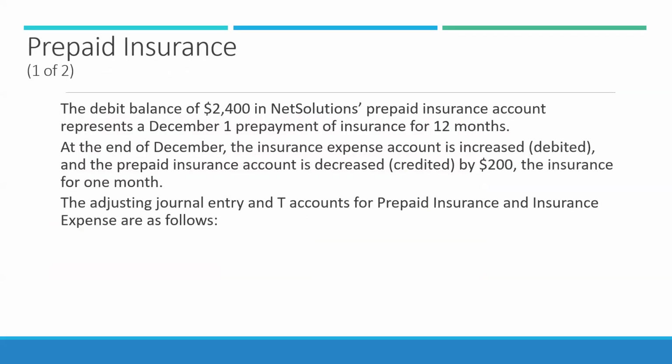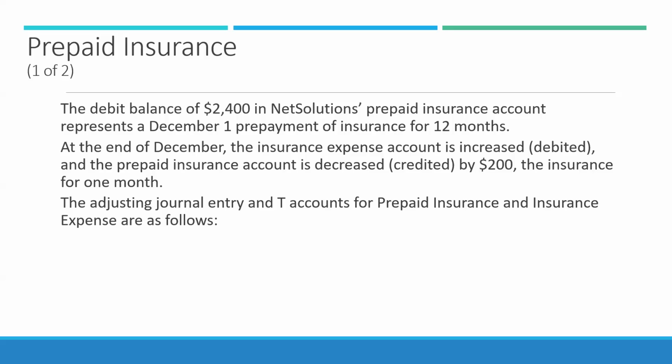For prepaid insurance, the debit balance of $2,400 in Net Solutions prepaid insurance account represents a December 1st prepayment of insurance for 12 months. So on December 1st, we paid for 12 months of insurance. How much on 2,400 would insurance be a month? 2,400 divided by 12 is $200. Got it?